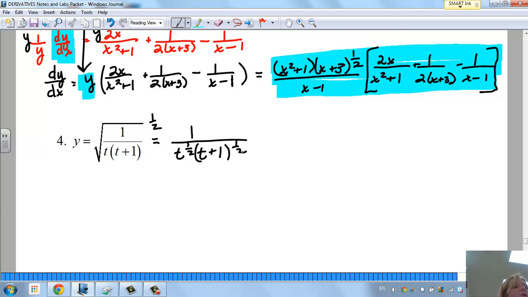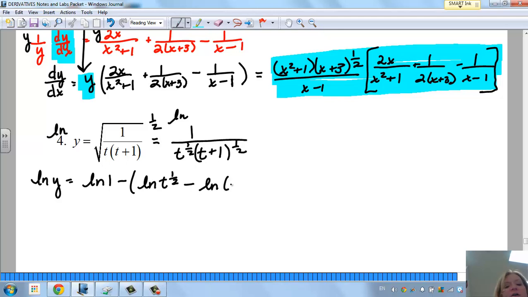Okay, if we were going to pull this apart, we would have the natural log. We're going to natural log both sides now. When I do that, I'm going to have the natural log of y equals the natural log of 1 minus, now be careful, the natural log of t to the 1/2, minus the natural log of t plus 1 to the 1/2.